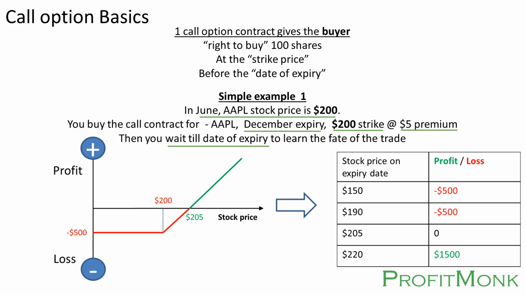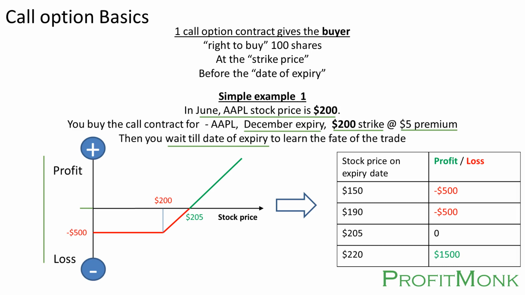So let's look at this diagram for a minute. This axis here in this direction is profit and loss. Anything above this particular line is profit, anything below this particular line is loss.